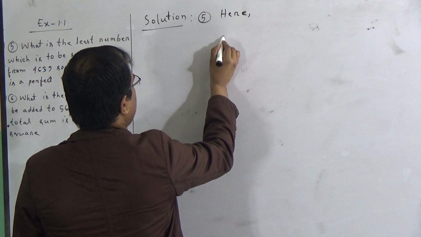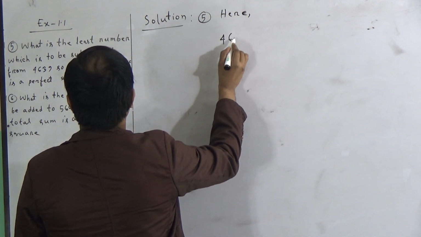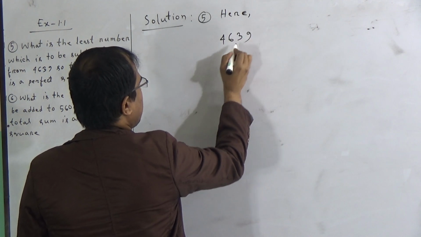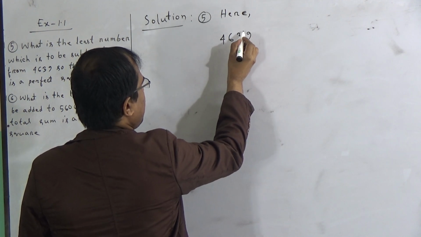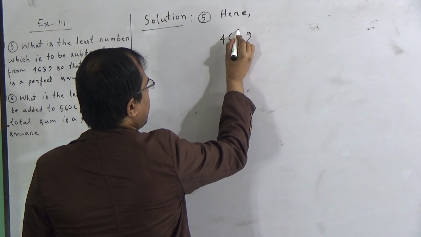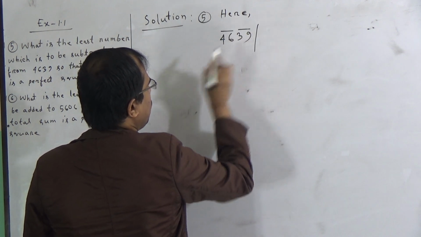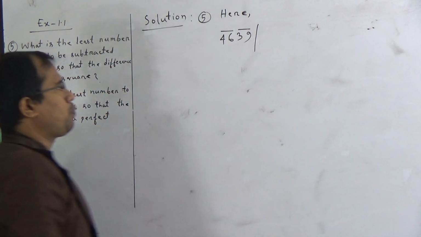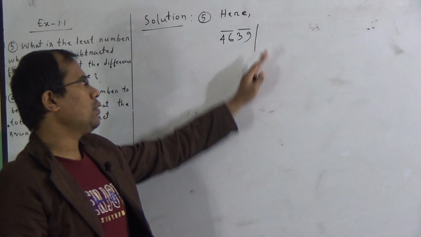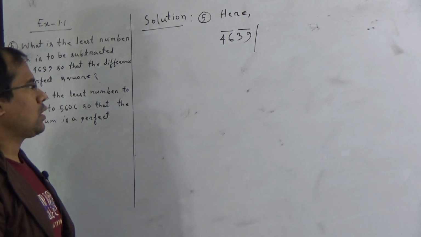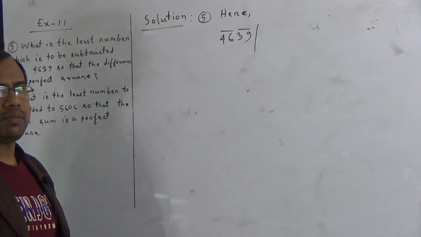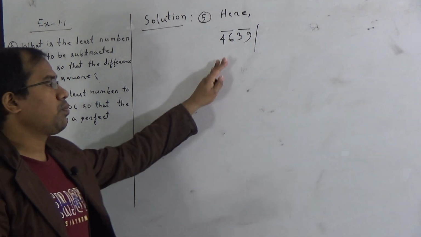Here the number is 4639. For finding the square root, we will make one pair taking 3 and 9 and we will make another pair taking 4 and 6. Now for 46, which number can we take here? 6 6s are 36. If we take 7, then 7 7s are 49, which is greater than 46.